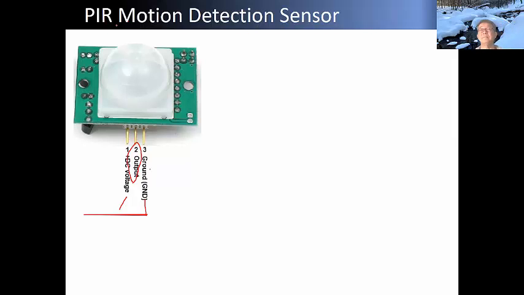What it means is it detects living objects. So what motion do we want to detect? Motion of what? Motion of something living, right?